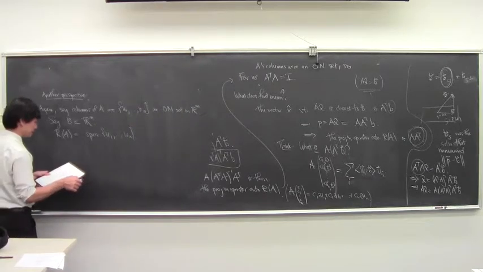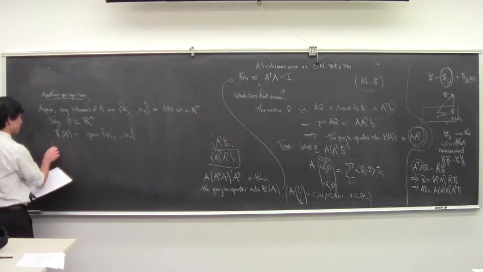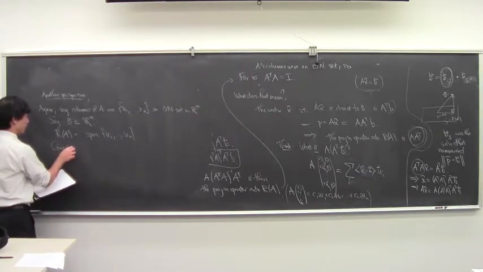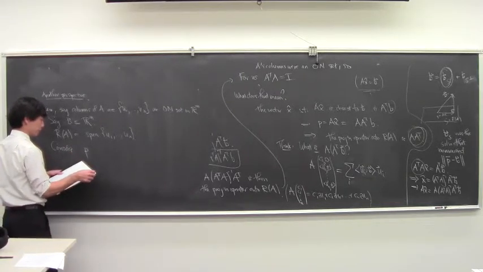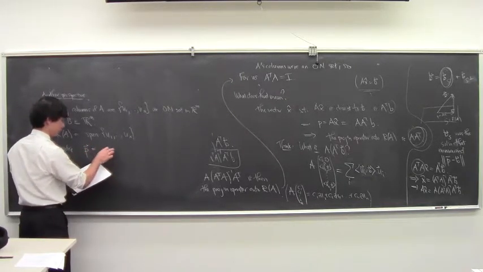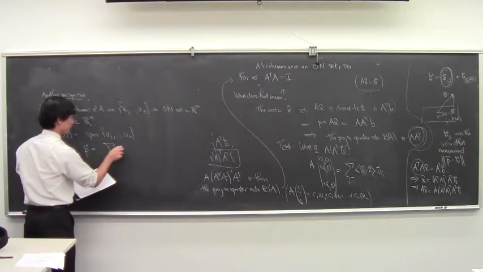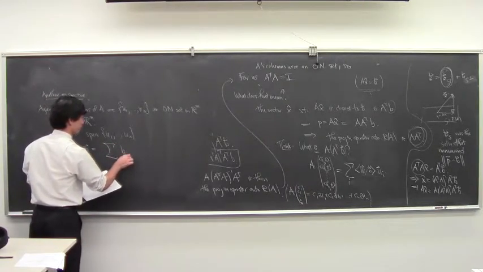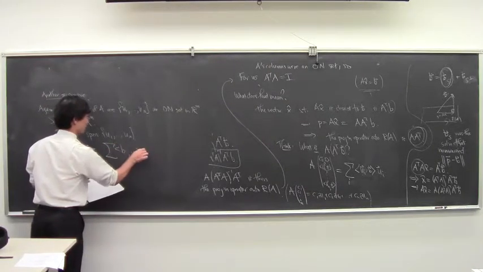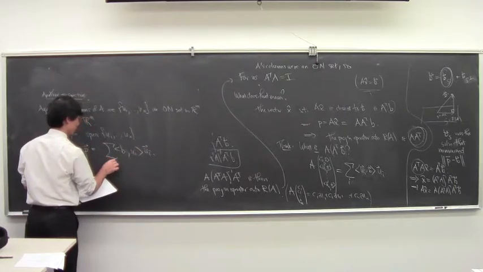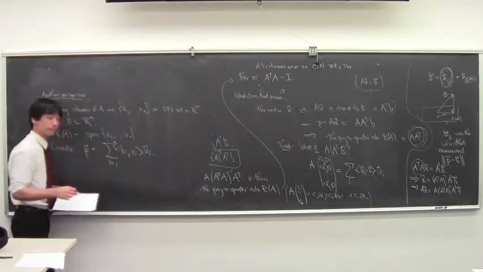And let's consider this vector p, which we create as the sum of the dot product of b against ui, times ui, from i equals 1 to n.